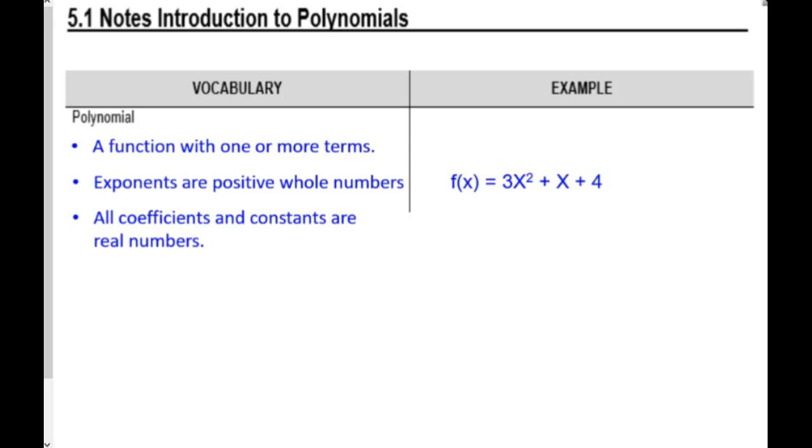So, under polynomial, everyone's writing this down, a function with 1 or more terms. So like our example over here, 3 terms.